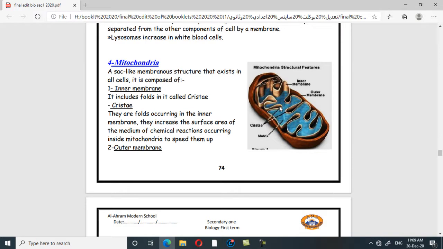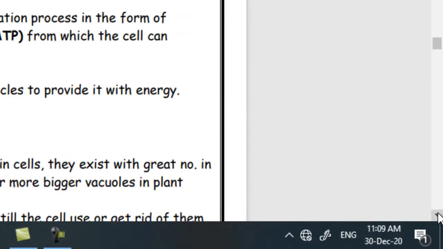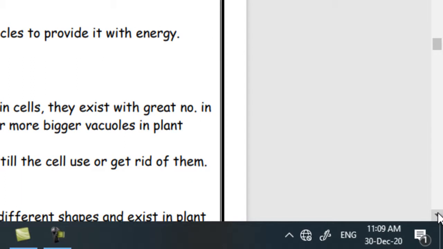If we talk about the relation between the number of cristae and the ATP formed or the energy produced, it's a direct relation. Why? Because if the number of cristae increases, it will increase the surface area, so the amount of ATP produced will increase in turn. And the liquid inside the mitochondria is called matrix.